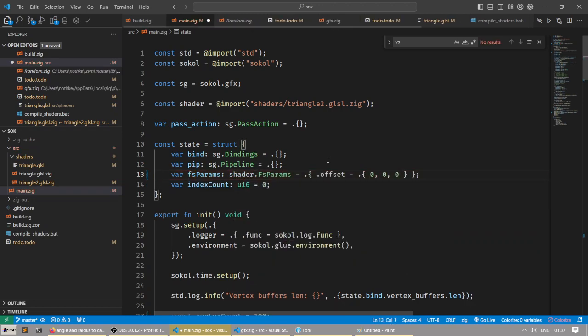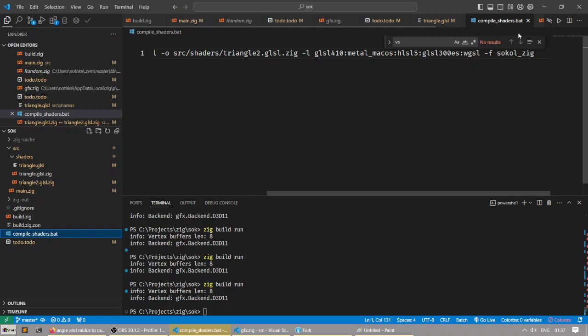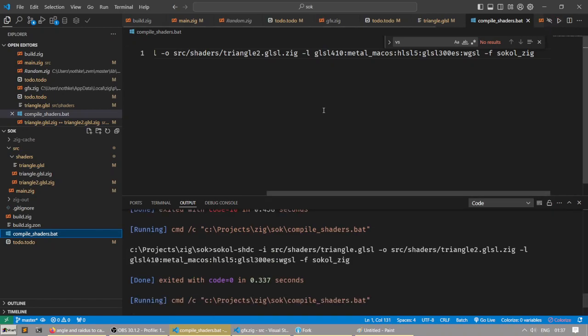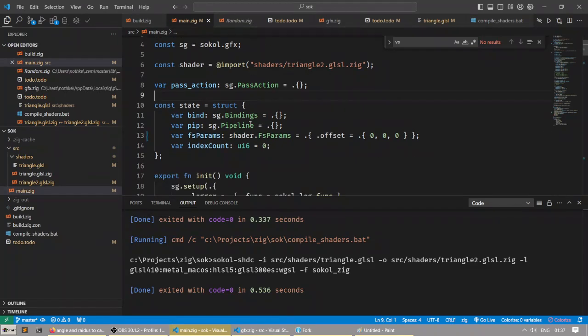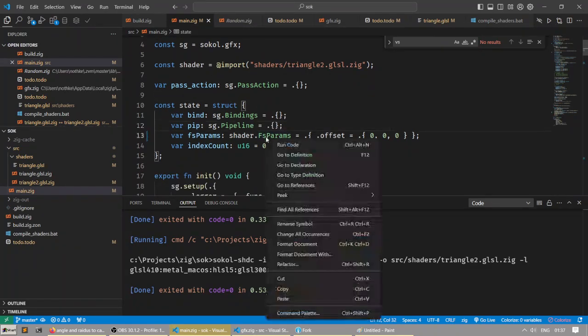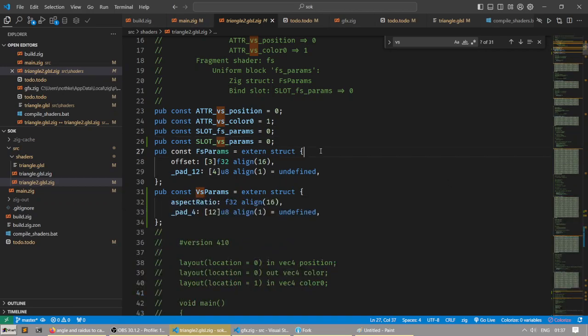Oh, it doesn't have VS params. How come it doesn't have VS params? Okay, this compiled correctly, so it should have VS params, no? There it is. It does exist.